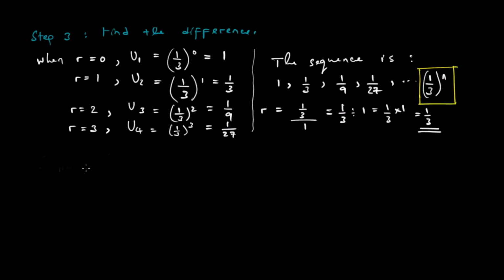Tinofanga kunyora this statement: the summation from r is equals to 0 up to n of a third to the power r is equal to the sum of n plus 1. Reason iri kuti, because tikutangira pana 0, tawedzera a term. That is the same reason why panapa tachiti r is equals to 0, the first term u1, r is equals to 1, the second term u2.